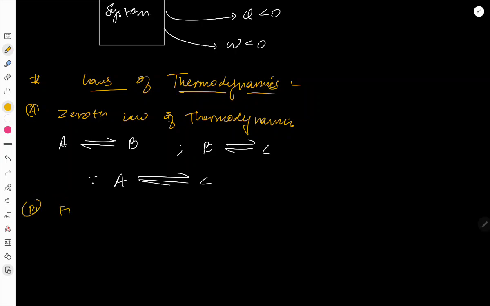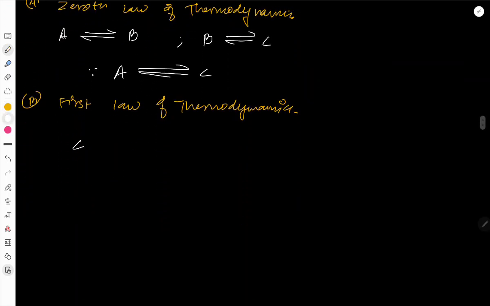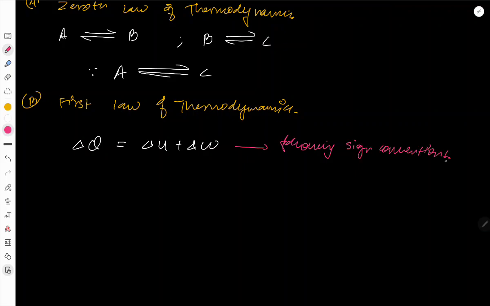The next, second one is the first law of thermodynamics. And this law is delta Q equals delta U plus delta W, following the sign conventions. Yes, so this is the first law, and as it is a law, the word law itself means it has no proof, it is derived experimentally.